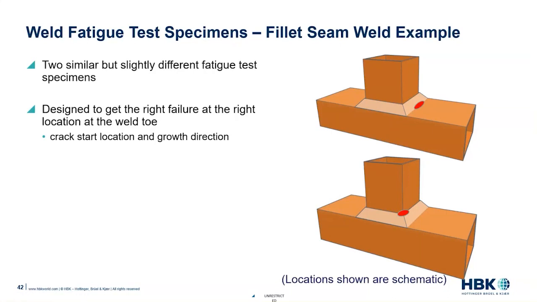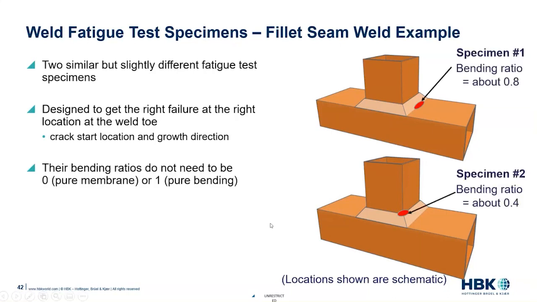So we're looking for where that crack starts and what direction it grows in. We don't expect the specimens at the failure location to be pure membrane or pure bending.